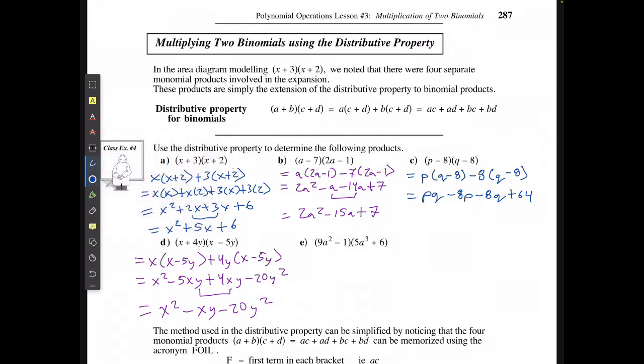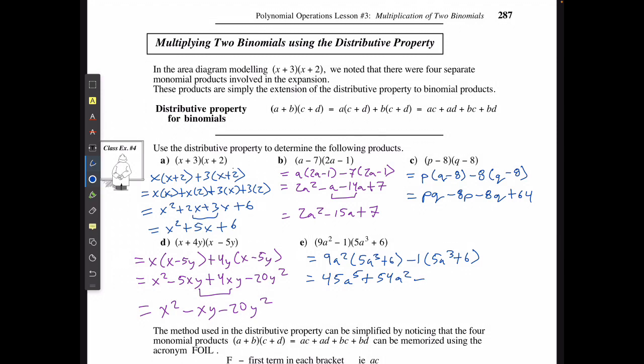I have x squared, I have a negative 1xy, and I have negative 20y squared. For example E, if I have 9a squared times (5a cubed plus 6) and negative 1 times (5a cubed plus 6), then that's going to give me 45a to the 5 plus 9 times 6, which is 54a squared.